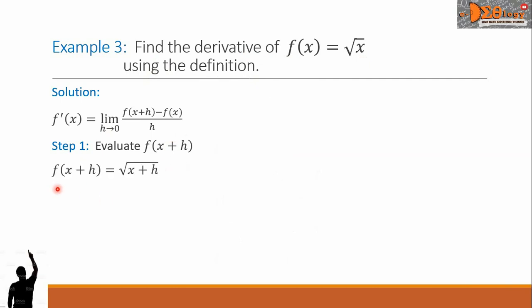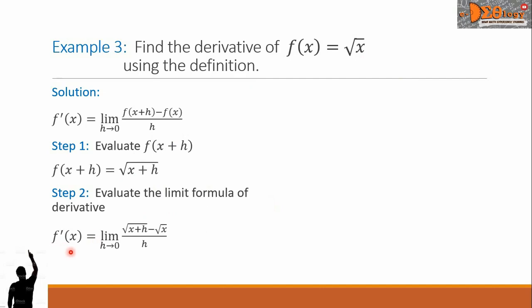So we have here f of x plus h equals the square root of x plus h. Step 2, to evaluate the limit formula of derivative. So we have now f prime of x equals the limit of the square root of the quantity x plus h minus the square root of x all over h as h approaches 0.